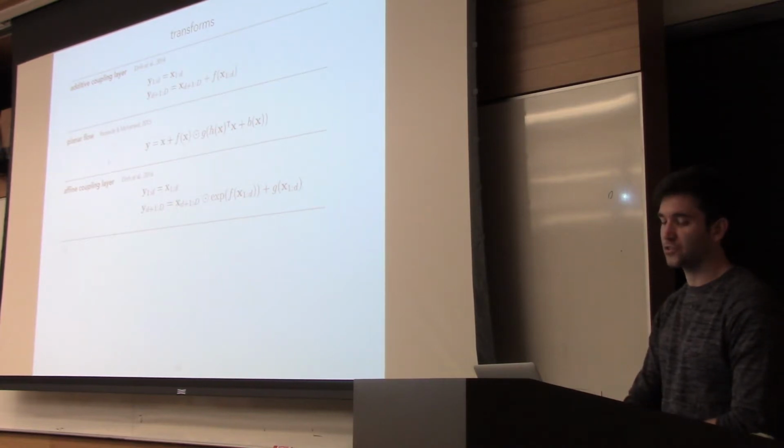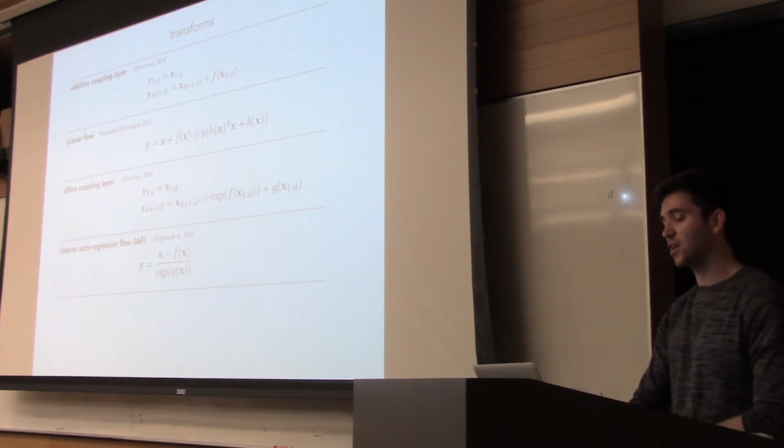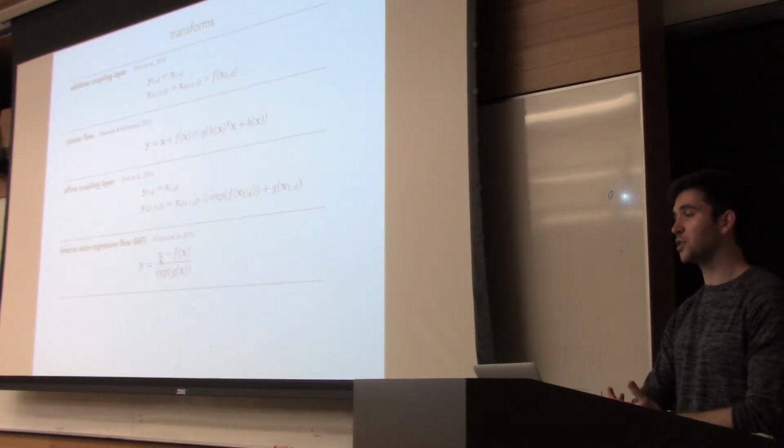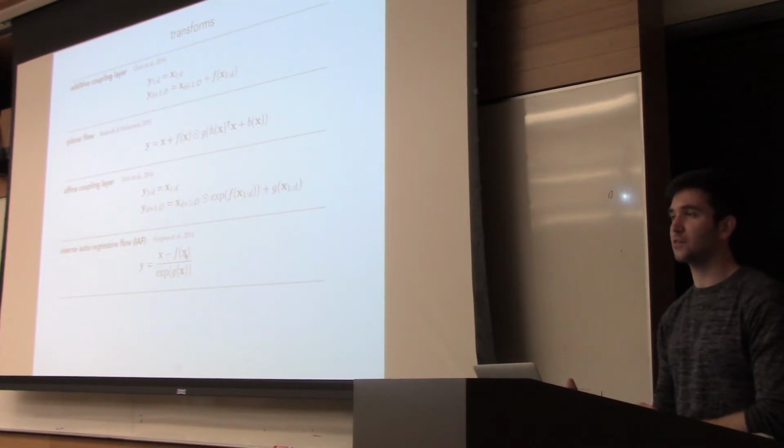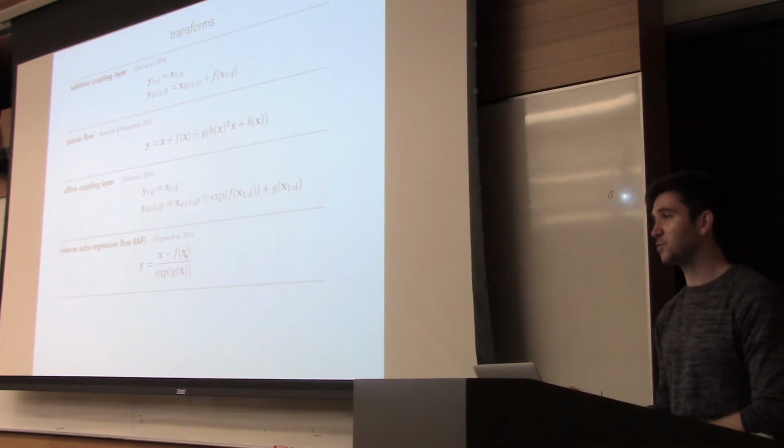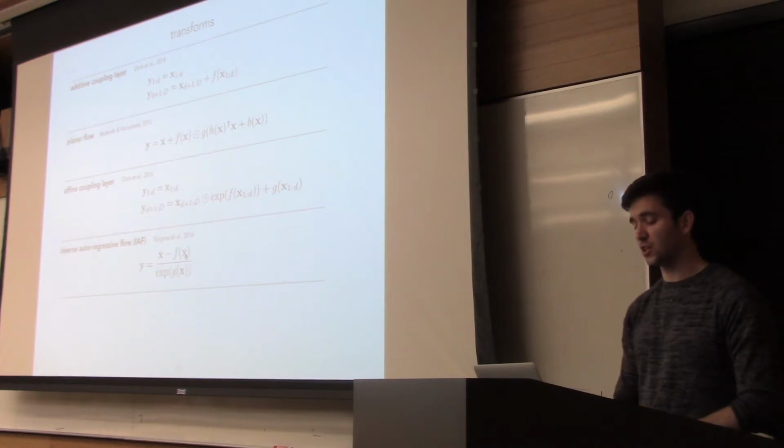Similar thing with this affine coupling layer and this additive coupling layer. Inverse autoregressive flow is a really cool one because it does a very simple kind of whitening operation where you just subtract off some value and divide by some value. So you can think of this as kind of like a normalization step.